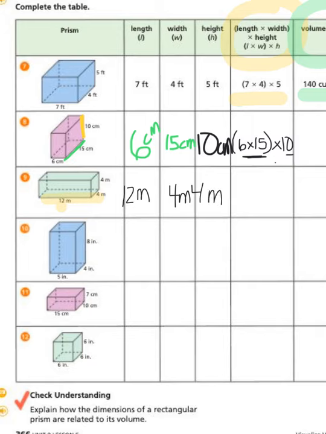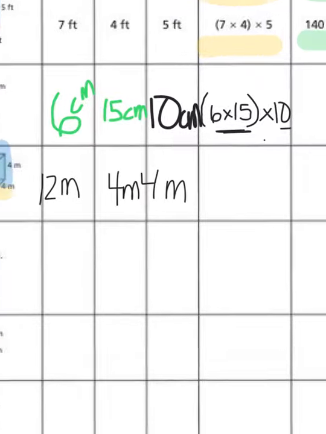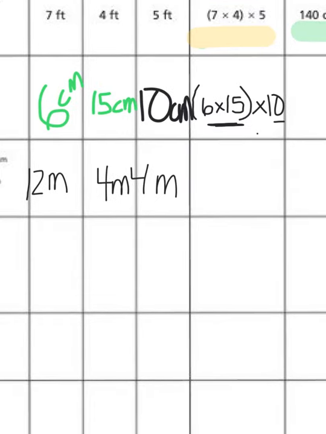And the height would be this one going up this way, the height. So we would use our pen again. Let me get to a black. And I'm going to enlarge it a little bit so you can see. We're going to take 12, parenthesis, 12 times 4, parenthesis, times 4. Length times width times height. And then you would have to do that math work.